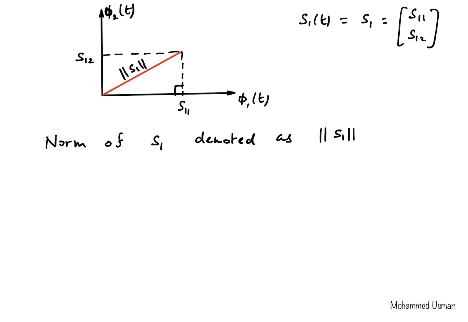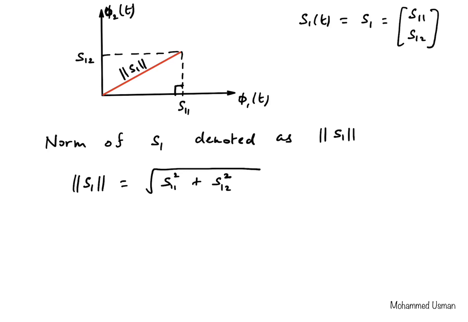So from the Pythagoras theorem, we can write the norm of S1 as the square root of S11 squared plus S12 squared.